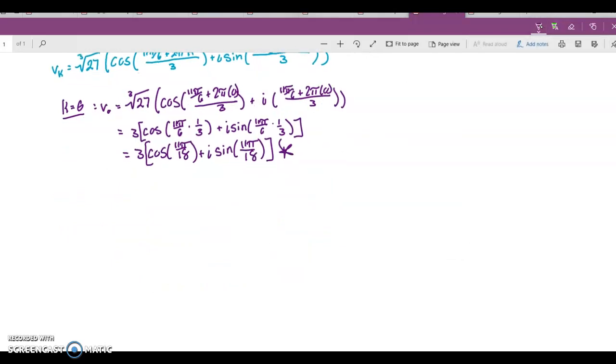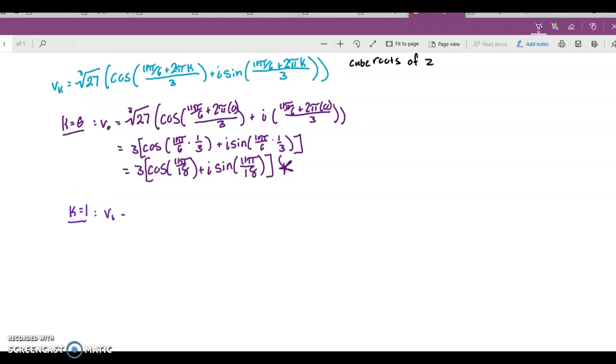Your second root, when k is equal to 1, v sub 1, plugging into our formula, is equal to the cube root of 27 times cosine of 11 pi over 6 plus 2 pi times 1 all over 3 plus i times sine of 11 pi over 6 plus 2 pi times 1 all over 3.